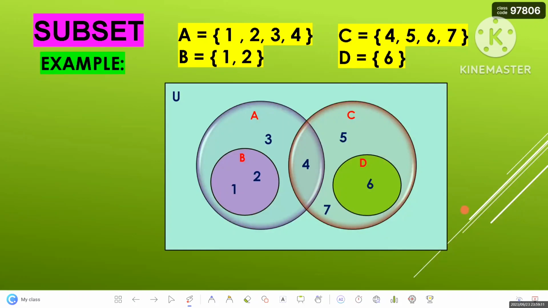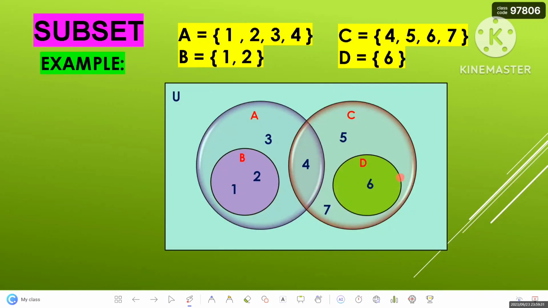Yan. So, check natin. Ang C, we have 4, 5, 6, and 7. Tama kaya? Oh, ito ang C. So, we have 4, 5, 6, and 7. And for letter D, we have only 6.